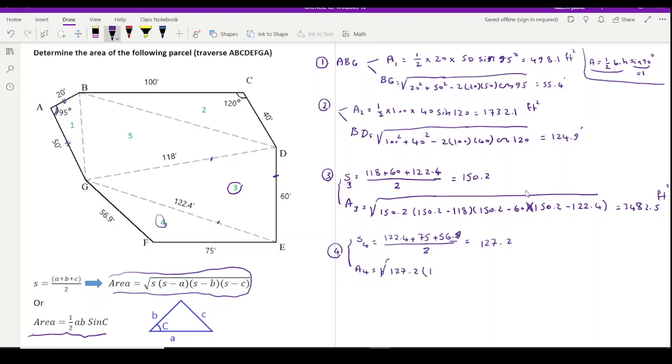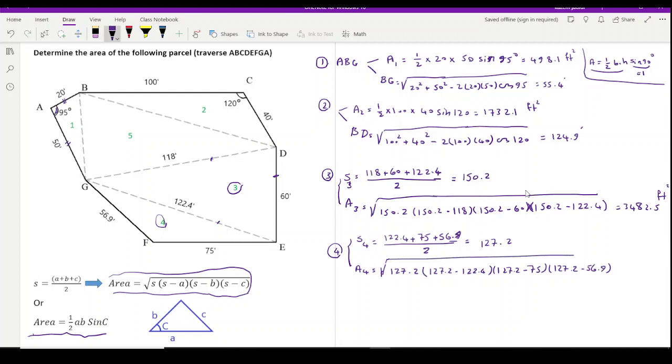And again, area 4 is going to be equal to the square root of, I will extend it later, 127.2 times 127.2 minus 122.4, times 127.2 minus 75, and the last one is 127.2 minus 56.9.